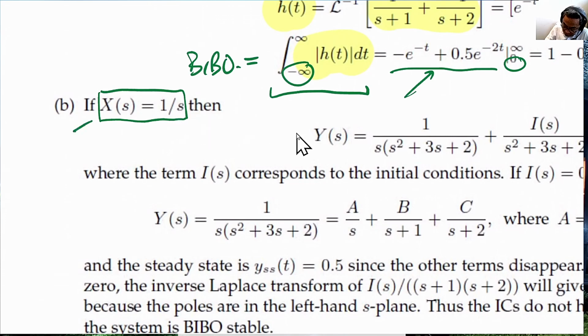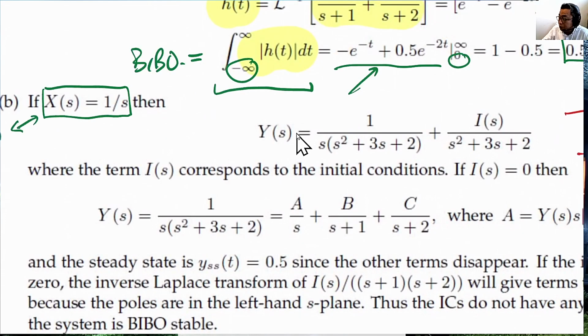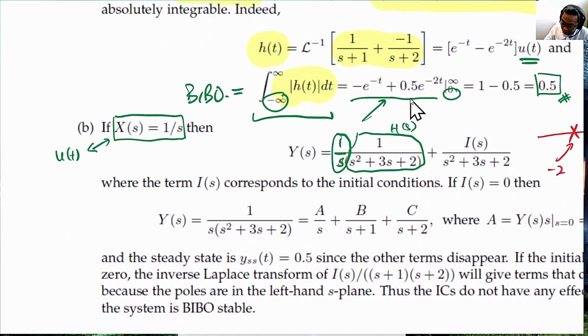Y(s) is H(s) multiplied by 1 over s. So this is 1 over s, which is the input, multiplying by H(s). Remember that the initial condition is 0, so this goes to 0.